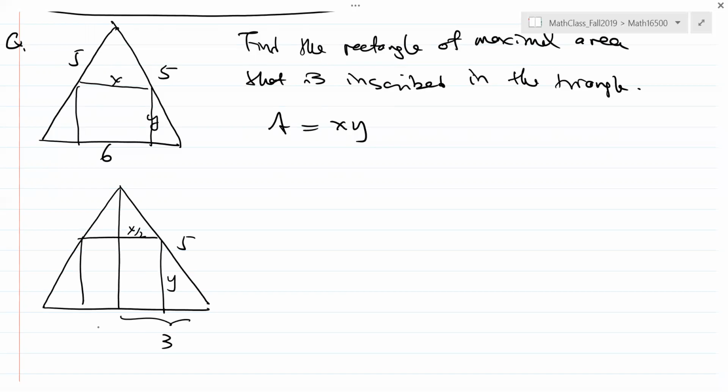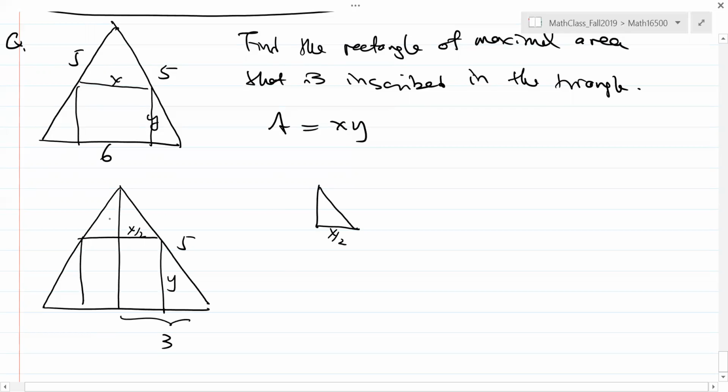All right, so now you can see. The relationship between x and y can be obtained from similar triangles. How do you look at similar triangles? One triangle is on the top. This side is x over 2, and the other side we don't know, right?